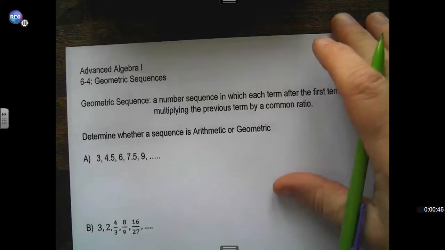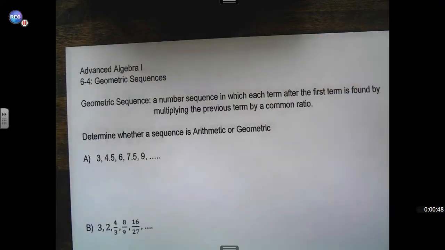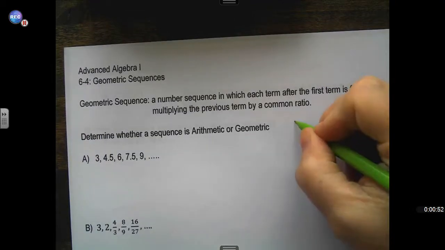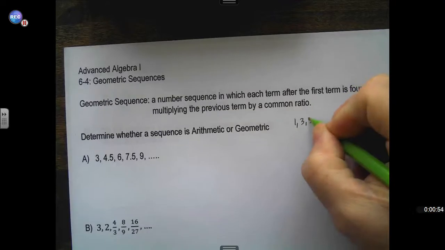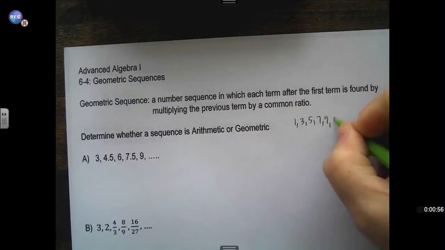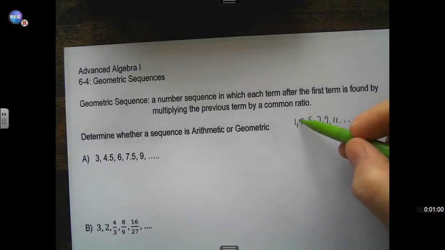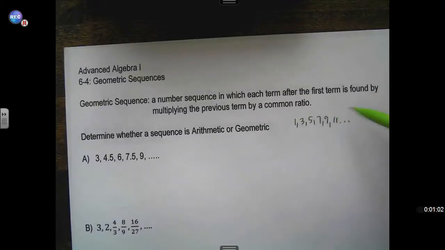If you add the same thing over and over and over, like 1, 3, 5, 7, 9, 11, that's arithmetic. Add 2, add 2, add 2, or you could subtract the same thing over and over.